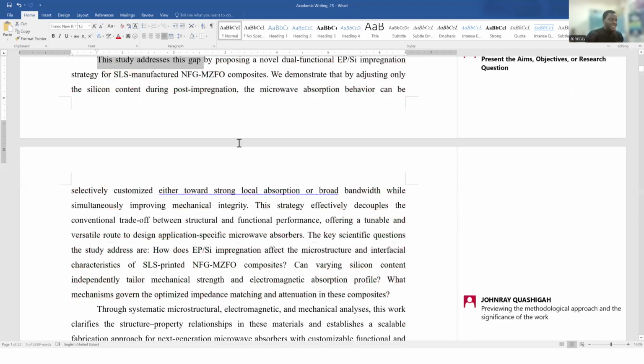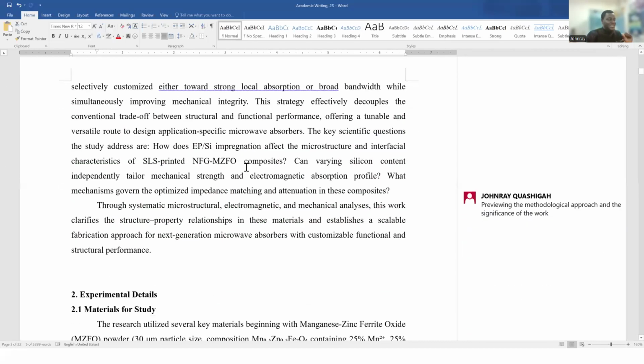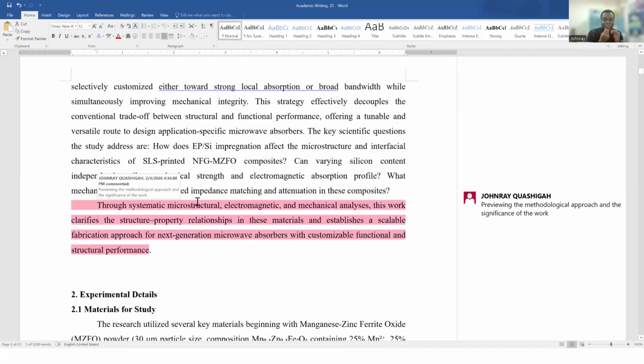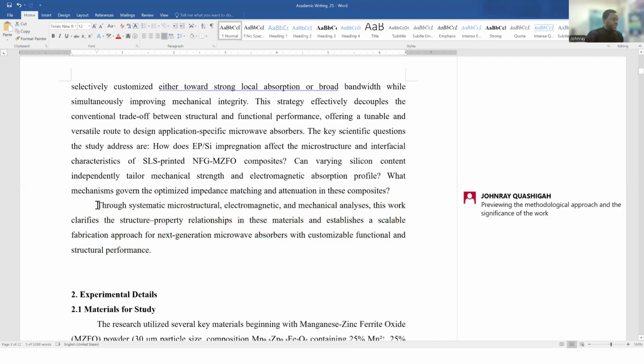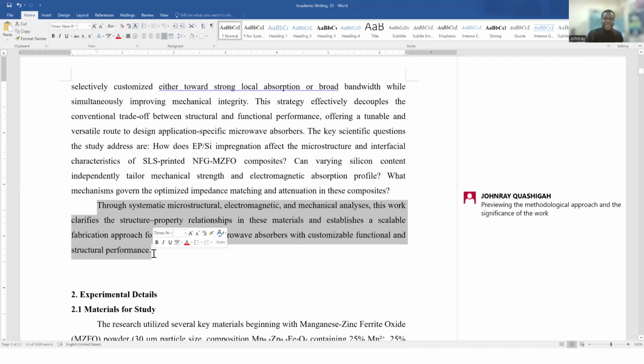Then the last part, which we said is filling in the niche: you must talk about or preview the methodology you want to use. If you look at the last part, the person has talked about the system or the way in which he or she is going to achieve the goal or aim.